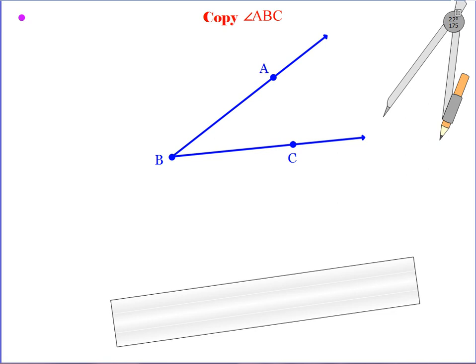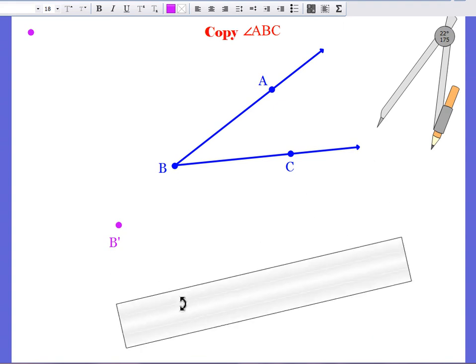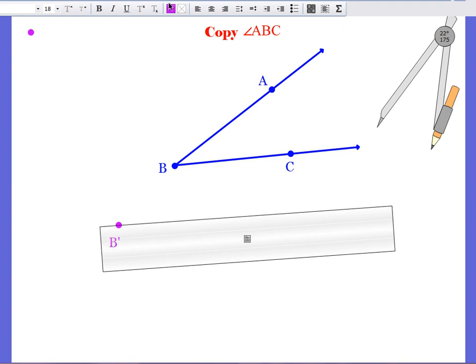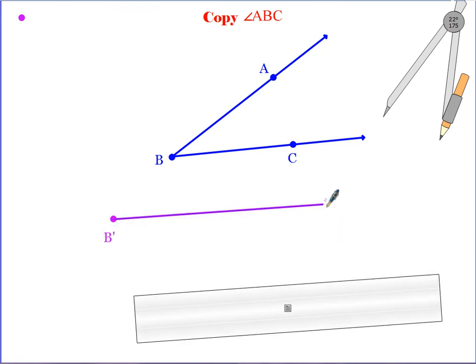To copy this angle, we're going to first make a replica of the vertex. And since we're copying point B, we're going to call that B prime. And we need to make a ray coming off of that point. So using our straight edge, let's create one side of our angle, and since it's a ray, we're going to put the arrow on the end.